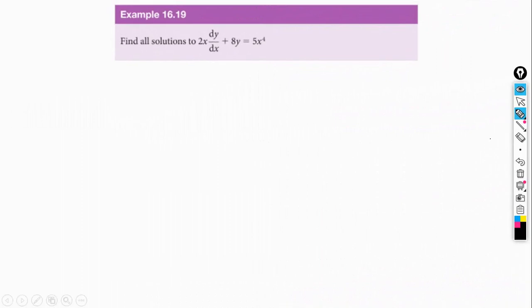So now let's do example 16.19. And it says, find all solutions to the differential equation 2x times the derivative of y plus 8y is equal to 5x to the power 4. Now, the first thing we need to do is to make sure that we have the differential equation in the form derivative of y plus p of x times y is equal to q of x.